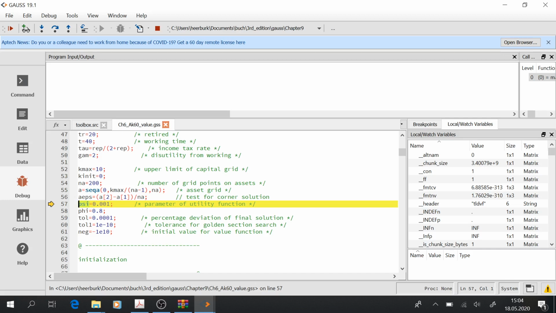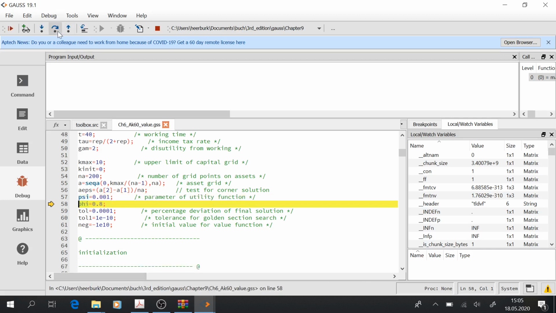And if we use this constant here, psi, our utility function will not break down, because then utility from consumption, and in particular marginal utility of consumption, is not equal to minus infinity, or plus infinity.